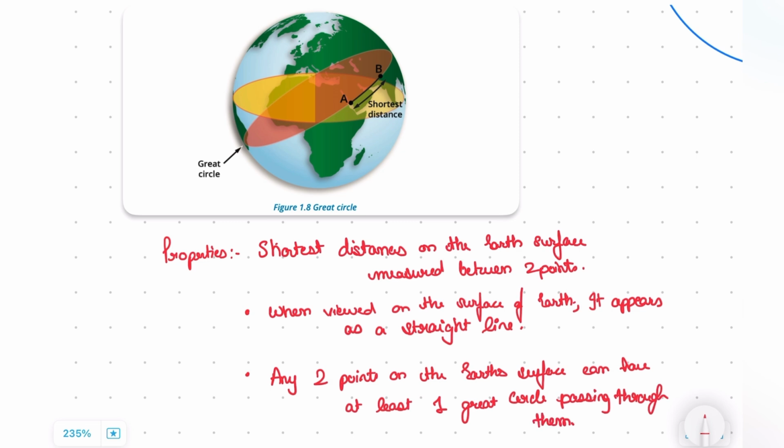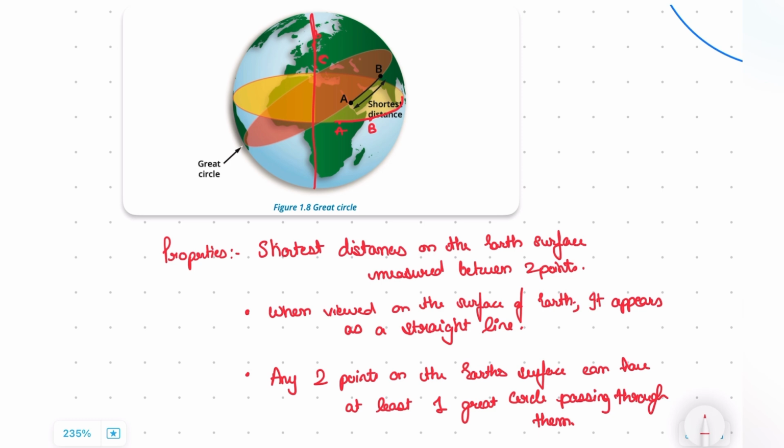Any 2 points on the Earth, you take it anywhere. Even if I were to consider 2 points here, A and B, there's at least one great circle that will pass through them.